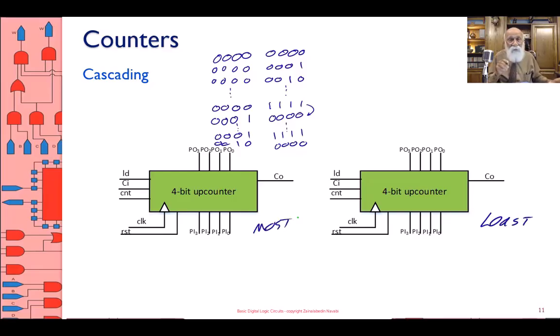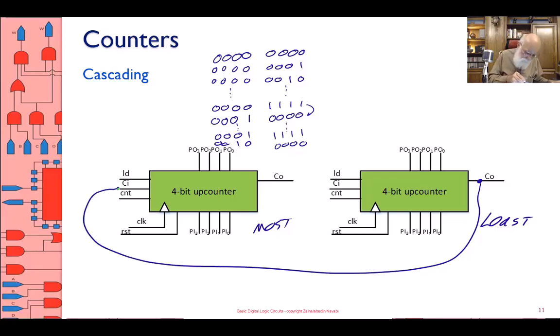Let's take the carryout of the least significant 4 bits and put that into the carry in of the most significant 4 bits. What do I do with the carry in of the right one? I just put a 1 on it.